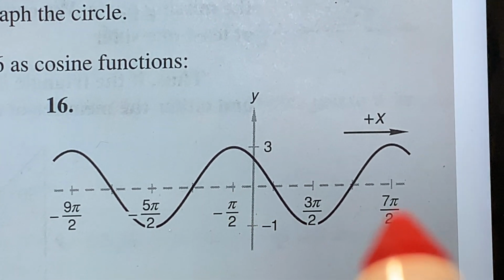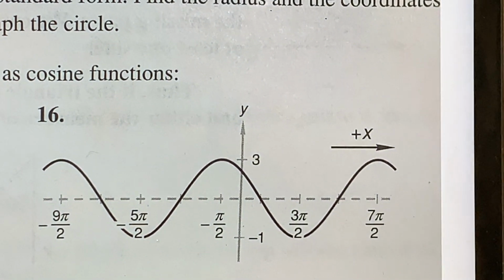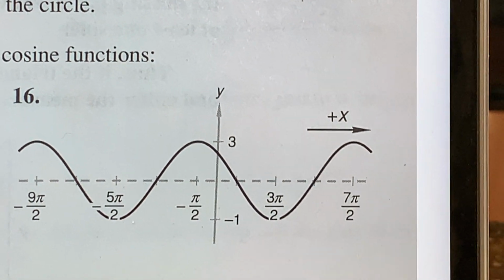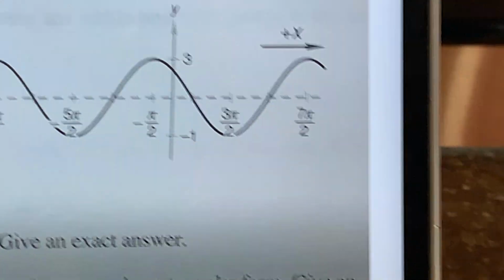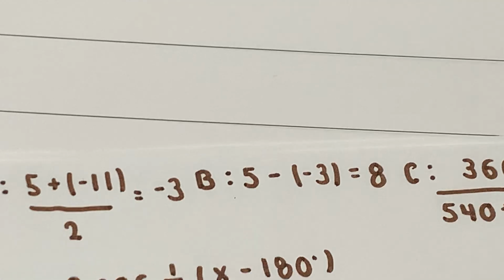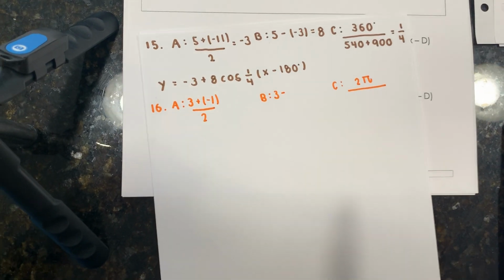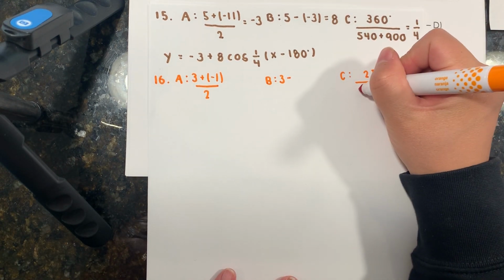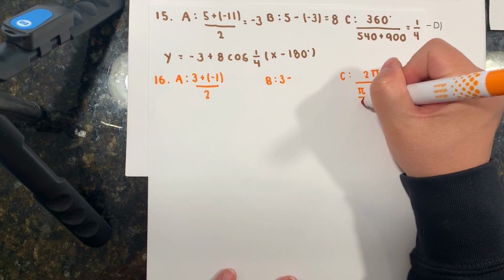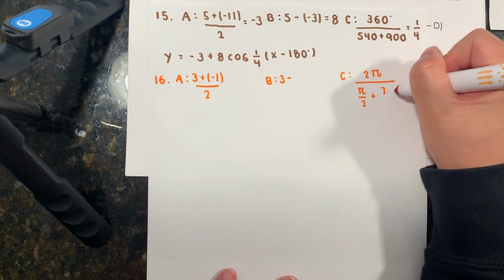So it peaks, then peaks again, which means my period length will be a total of pi/2 plus 7 pi/2. So you just add those 2 together so that we can come up with our period length.